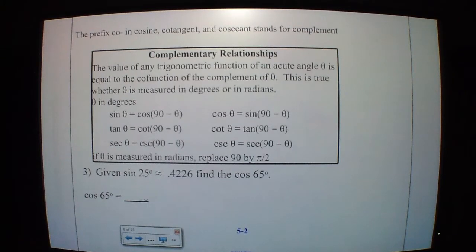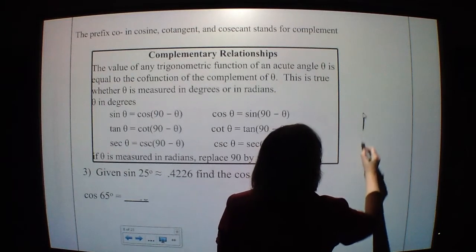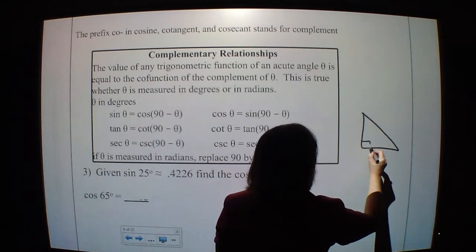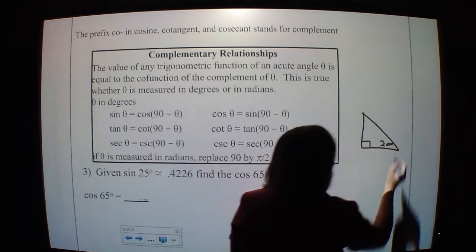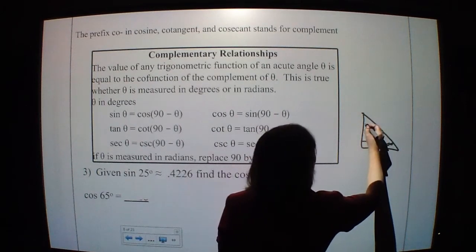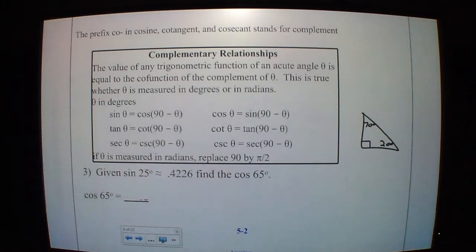The prefix co in cosine and cotangent and cosecant stands for complement. And let me just show you, if I have some triangle here, and it's a right triangle, and let's say this angle is 20 degrees. If this angle were 20 degrees, this would be 70 degrees, because the angles in a triangle equal 180 degrees, okay?